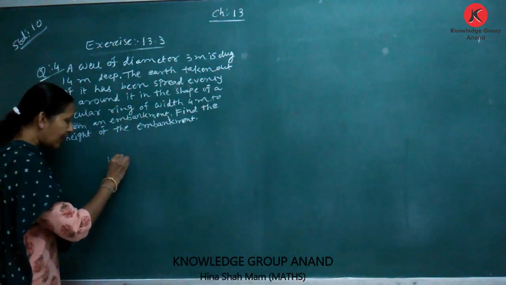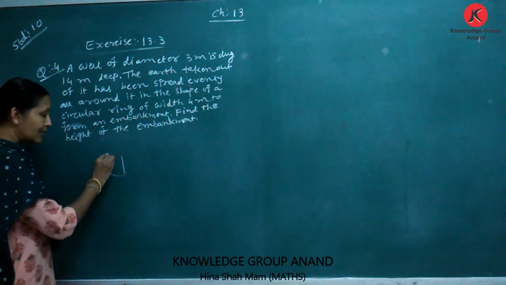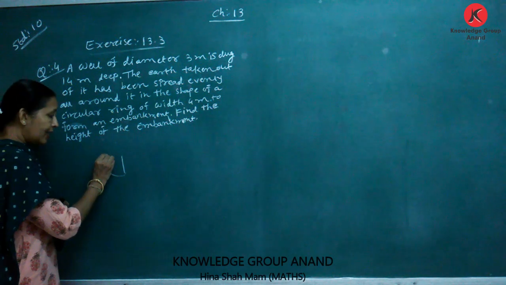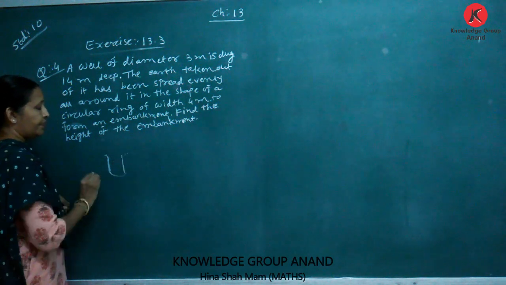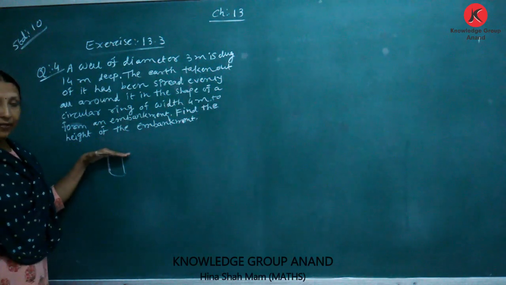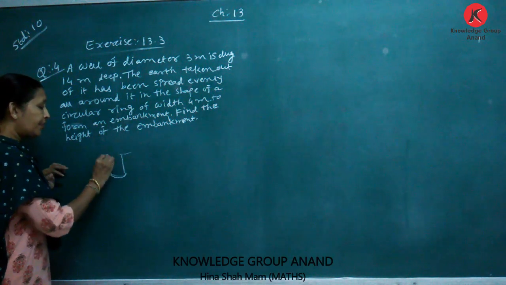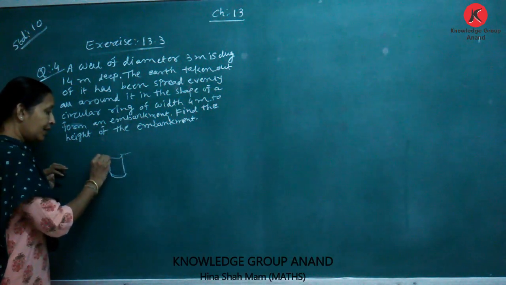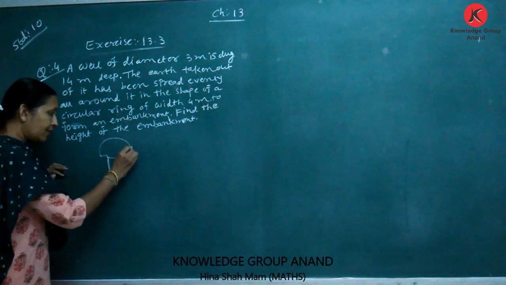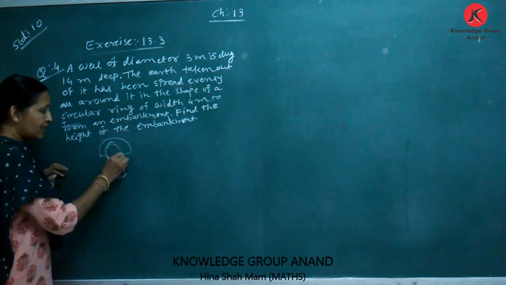Suppose here is a well. It is a cylindrical shape. Then this is its level, the ground level. Here is the deep well. We build an embankment from its circular shape.